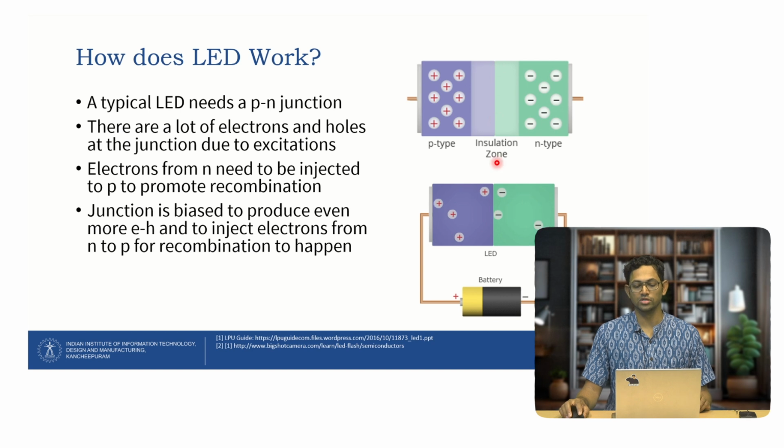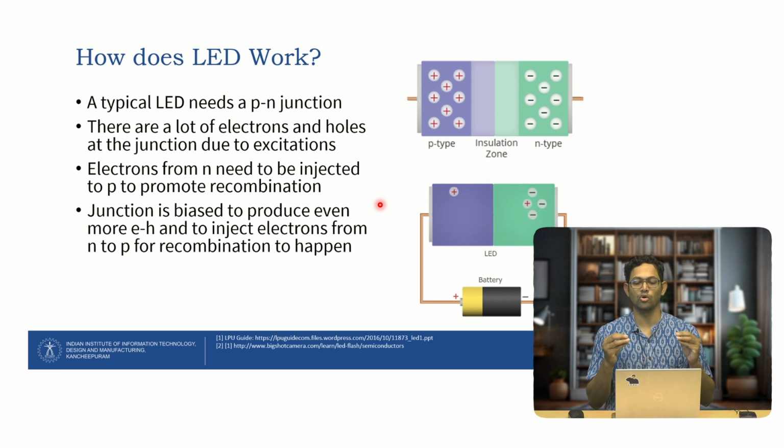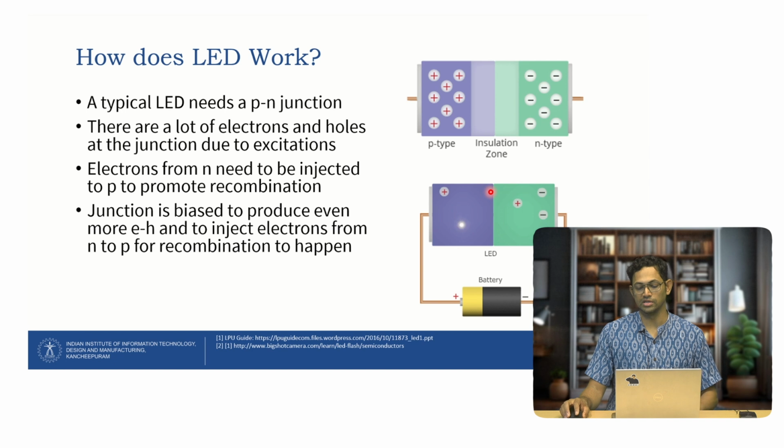Okay, and when I apply a battery or a potential difference across this p and n type semiconductor material, the electron and the hole will be crossing over, and the electrons will try to fill the holes. Once it fills the hole, which is also known as recombination, that will emit a single photon.